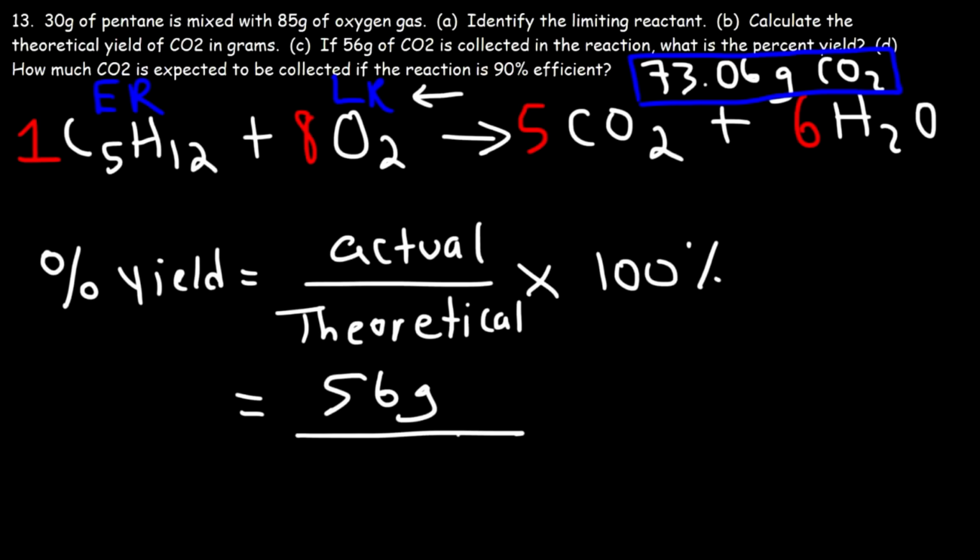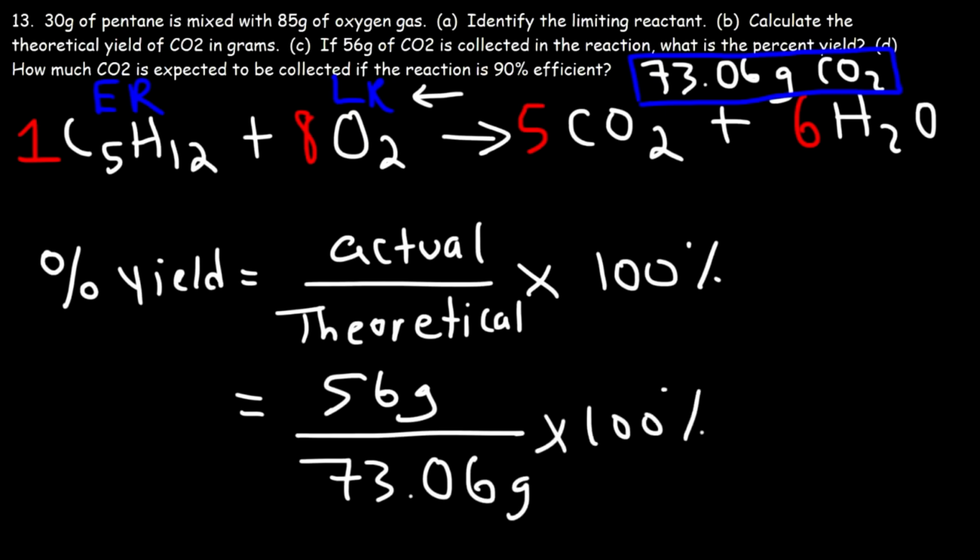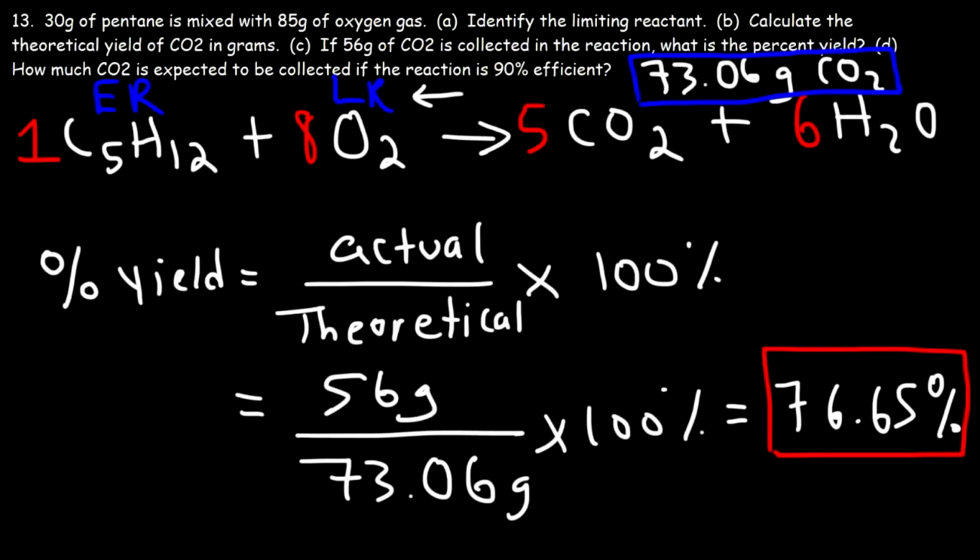The theoretical yield, the most that we can get, experimentally speaking, is 73.06 grams. And so if we divide 56 by 73.06 and then multiply that by 100%, we're going to get 76.65%. And so that is the percent yield of this reaction. This tells you how efficient the reaction is.